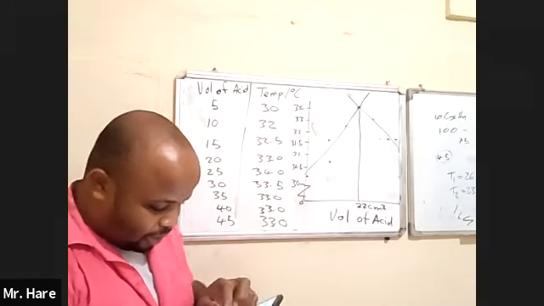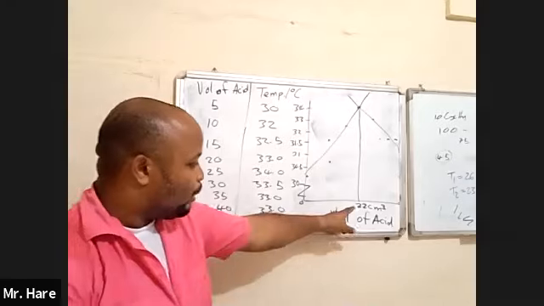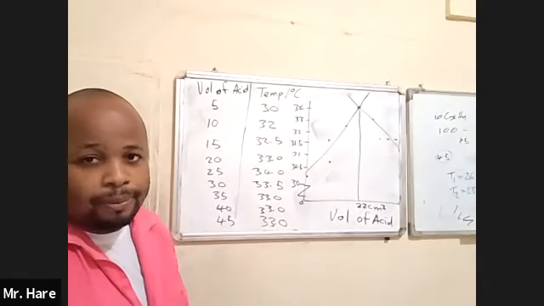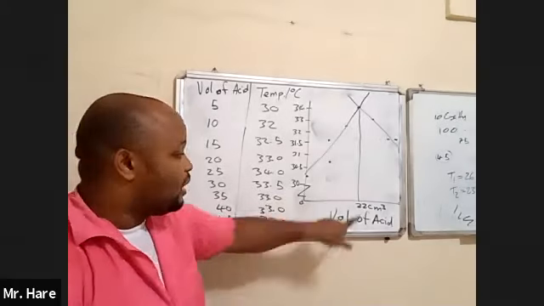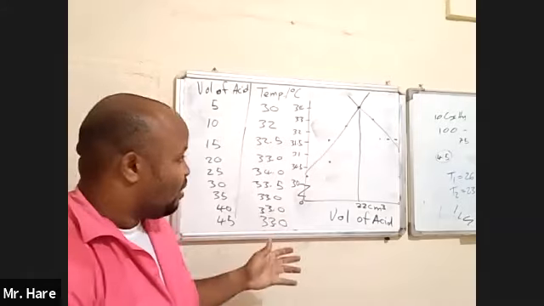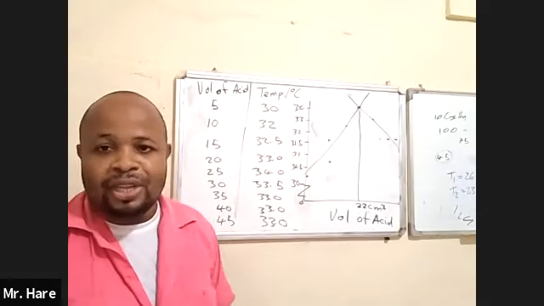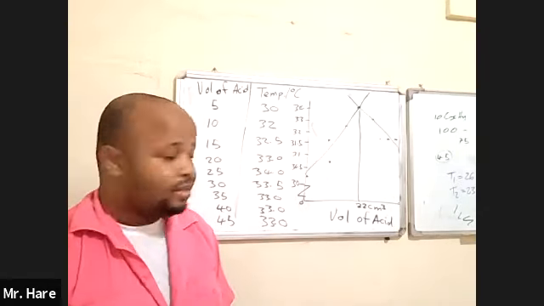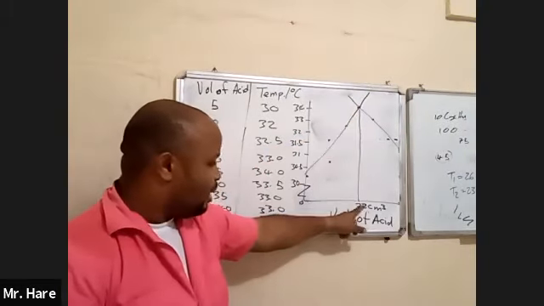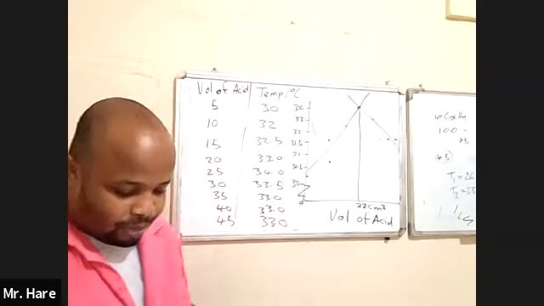Then the endpoint volume of the acid is 22 cm cube. All right. That is it. So this is the only thing that you need from the graph. When the acid and the base neutralize each other. And that is where it intersects. And you read off the volume.